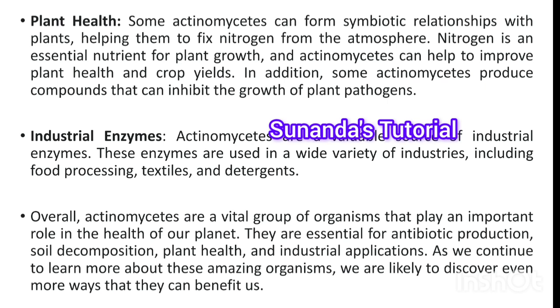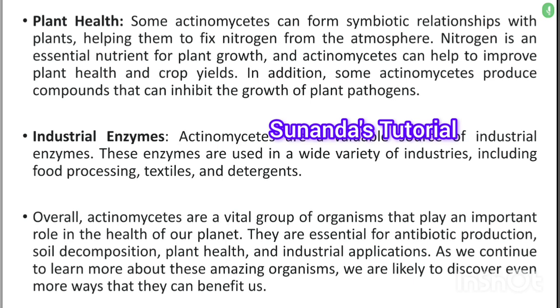They have also industrial applications. As we continue to learn more about these amazing organisms, we are likely to discover even more ways that they can benefit us. So we are doing research to search for all those benefits we can get from these organisms. Okay, so it is all about actinomycetes.